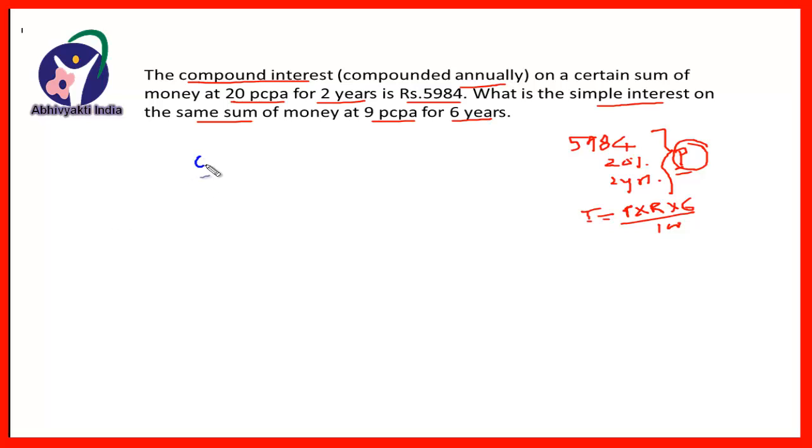You know that the compound interest is calculated by the formula P into bracket, 1 plus R by 100, to the power n, minus 1, close the bracket.